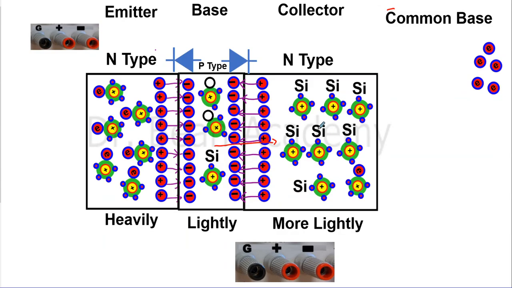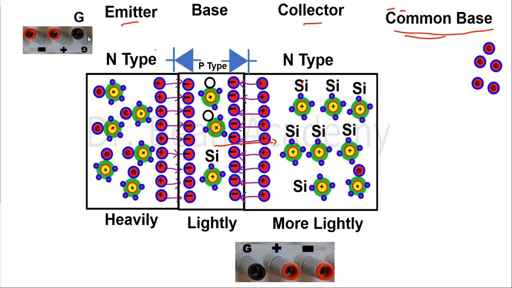Common emitter configuration is not the only way we can use a transistor. There are two other ways as well. One of those two configurations is common base configuration. It's easy to visualize that in common base configuration, the base will be grounded, so it will be connected with both the emitter and collector through the ground terminals.